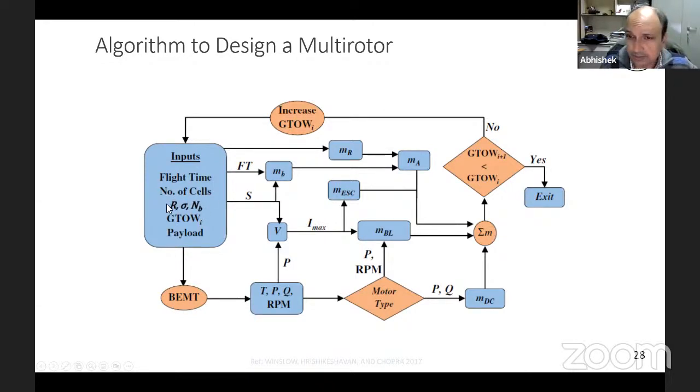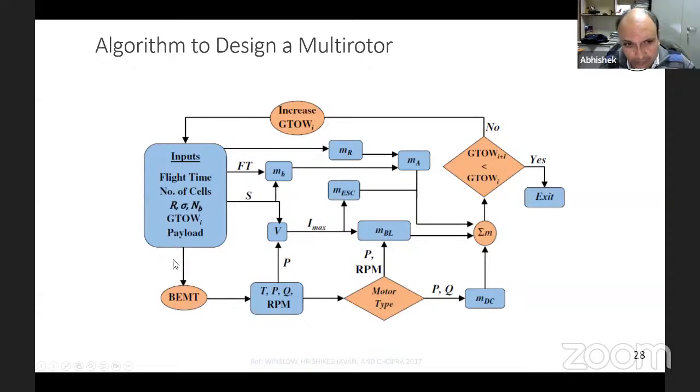Then you decide the rotor's radius, solidity of the rotor, and number of blades in the propeller. You have estimated or guessed the gross takeoff weight, and you know the payload. So with payload and range and other parameters, you will be able to initiate the whole power calculation process. That's where blade element momentum theory comes into the picture. So you have a module which calculates the power.